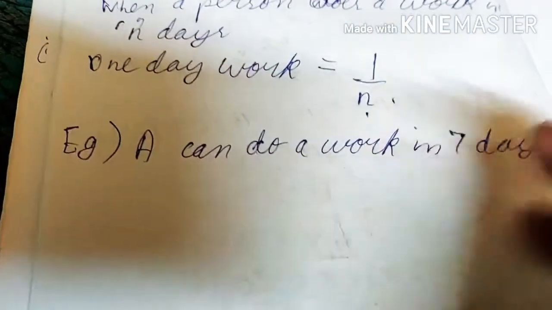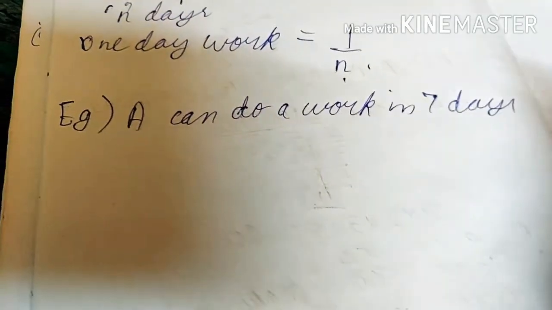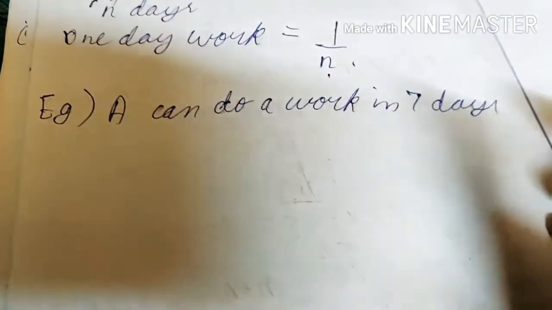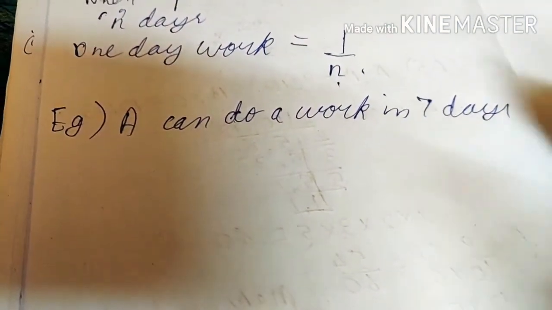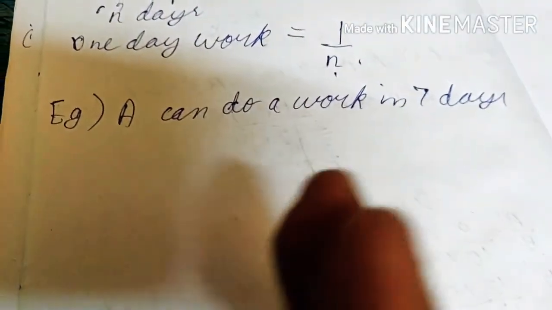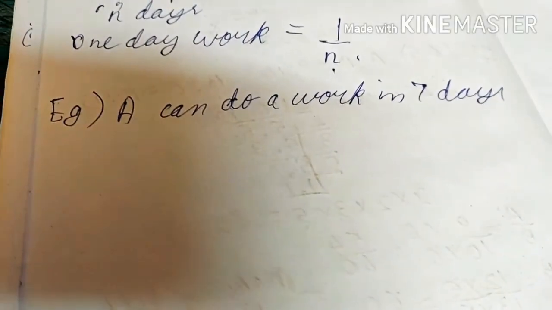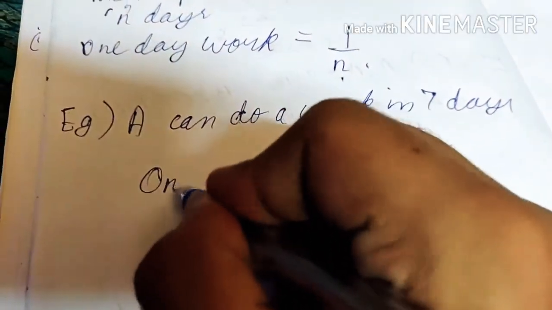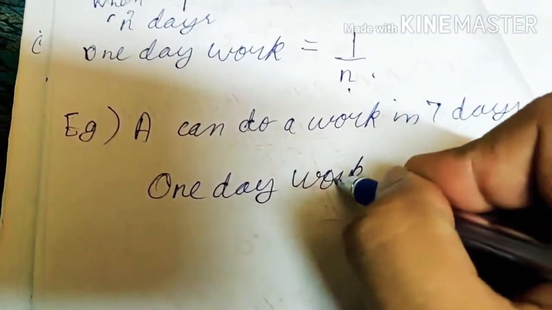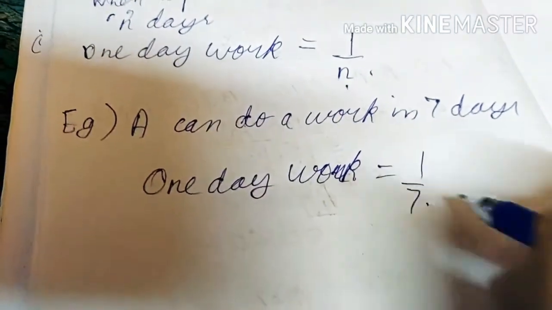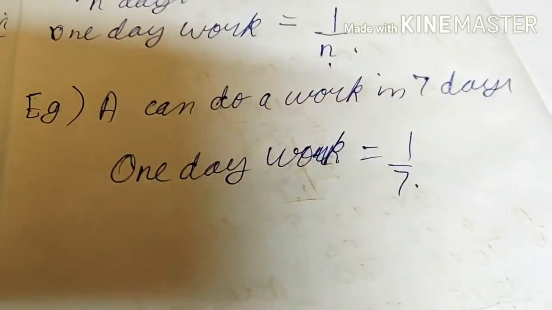This means if he too has to construct the wall, then on first day he will do 1/7 work, on the second day he will do 1/7 work, third day also 1/7, fourth day also 1/7. Means he will complete the work in 7 parts, doing 1/7 on each day. So 1 day work will be equal to 1/7. Means in 1 day he will do 1/7 of the total work.